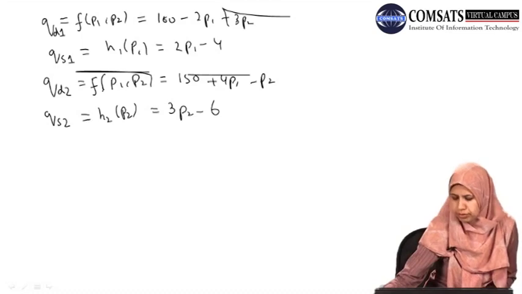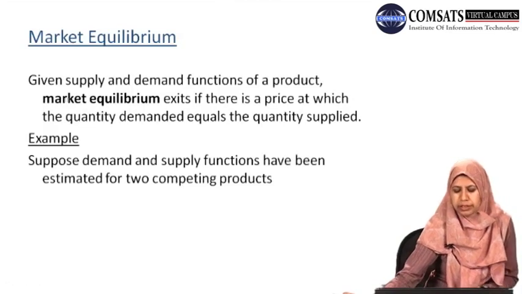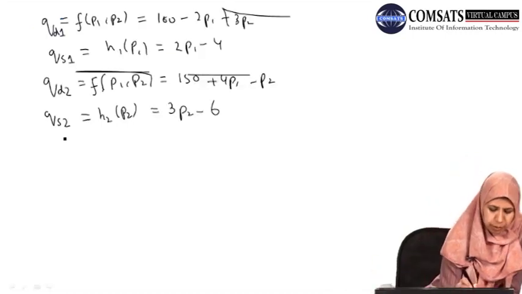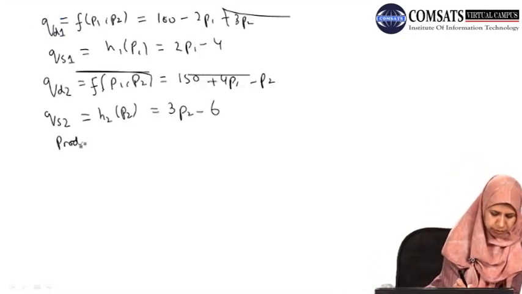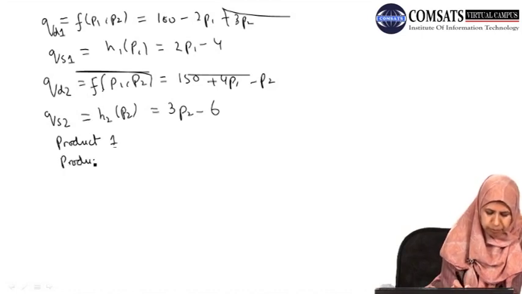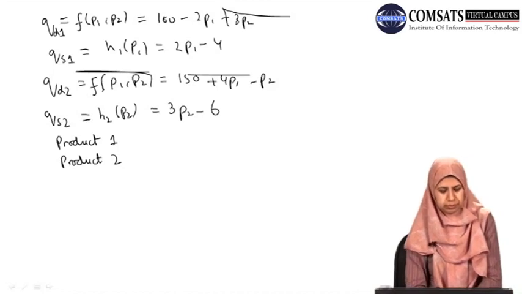Now we have the demand and supply functions for two competing products. That is, we have product 1, we have product 2.